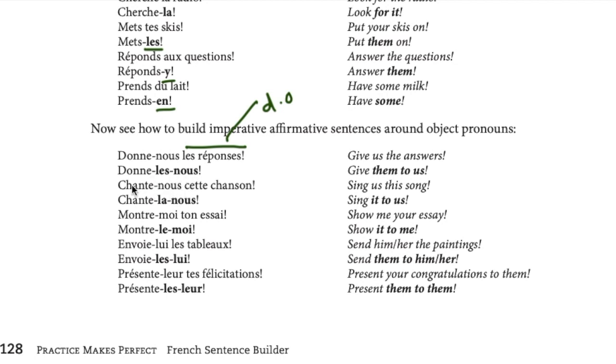So it's reversed in positive orders. Donne-les-nous. You have to be aware of this fact. You should know that the order is reversed. Chante-la-nous. Sing it for us or sing it to us. What? The chanson. Verb like order, imperative verb, direct object pronoun, indirect object pronoun, separated by hyphens. Chante-la-nous.